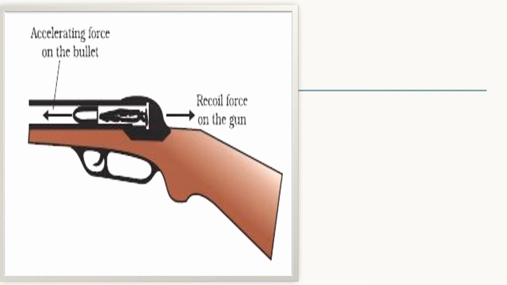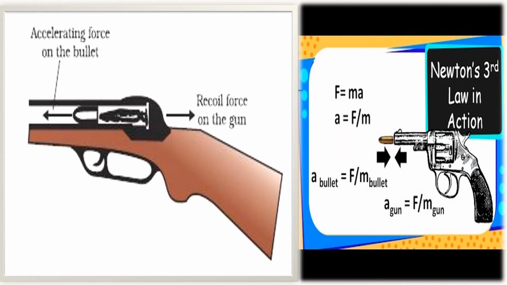According to that, force F is equal to mass into acceleration. If I rearrange this and make acceleration the subject of the formula, then a is equal to F upon m.